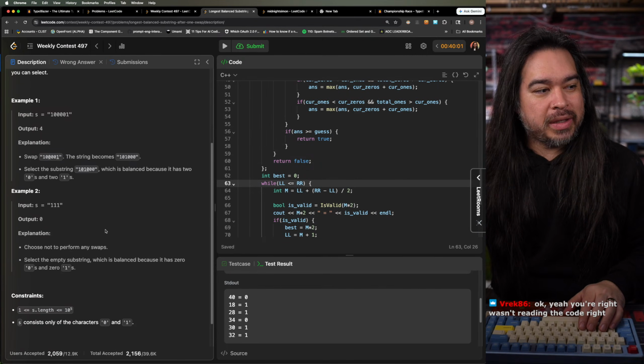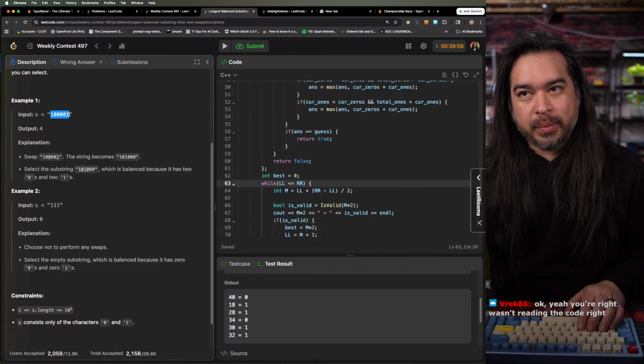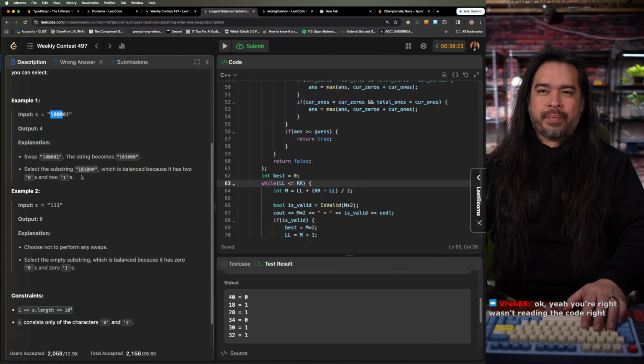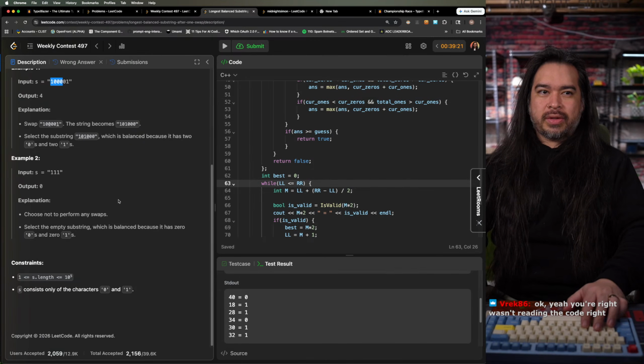All right, let's see. What else can I think of? What if we started with the whole string? So we'd have a count 4 and 2. And then we can choose to drop left or right side. Now we have a count of 1 and 4. This one is tough for me, man.